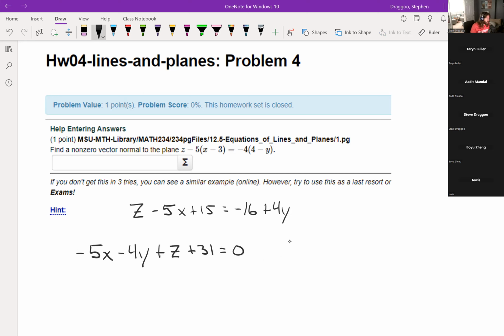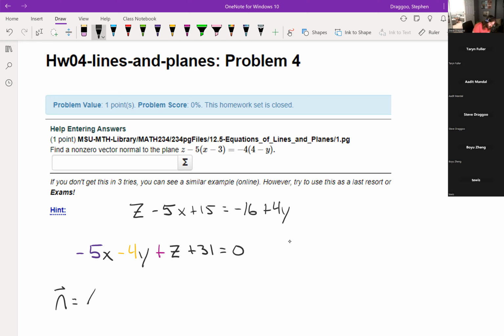And then the normal vector for this plane, or at least a normal vector for this plane, shows up in the coefficients to x, y, and z. So that normal vector, or at least the easiest normal vector to pick out, is going to be -5, -4, 1.